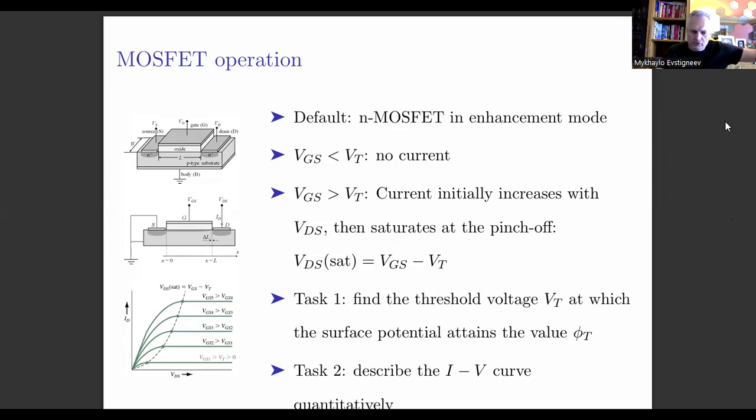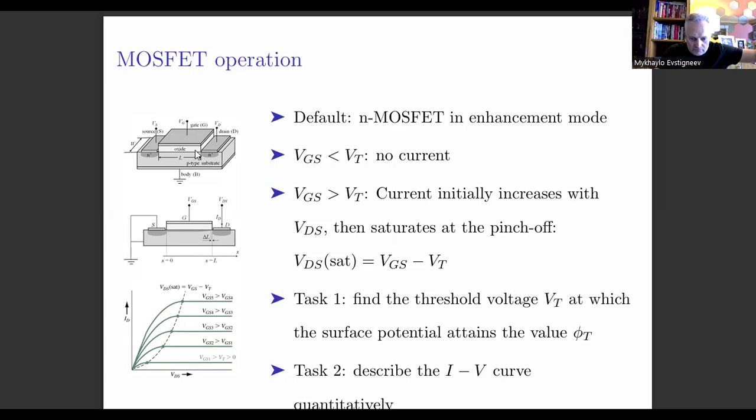Now I would like to state the obvious. I'm just doing my due diligence that the gate voltage and the surface potential underneath the oxide layer are not the same. They differ. Why? Because the gate voltage is applied to the surface not directly, but through this oxide layer.